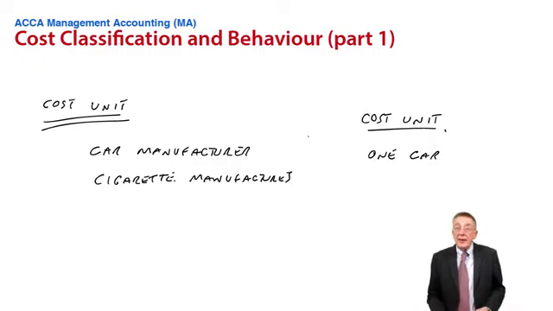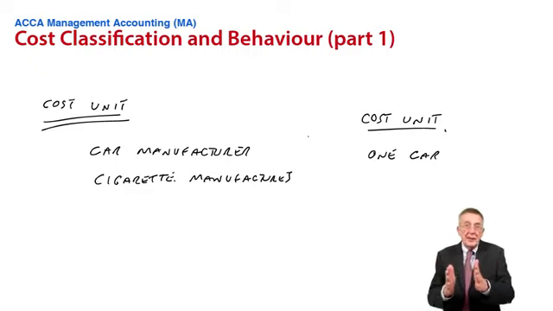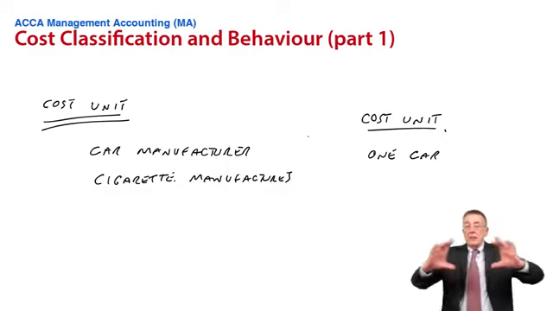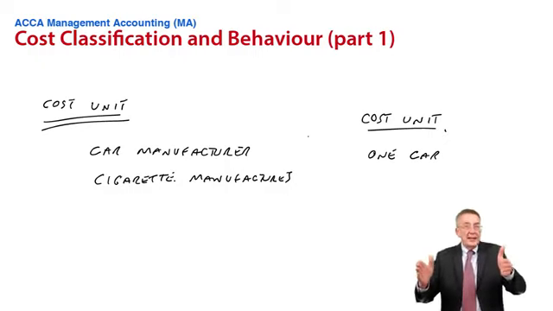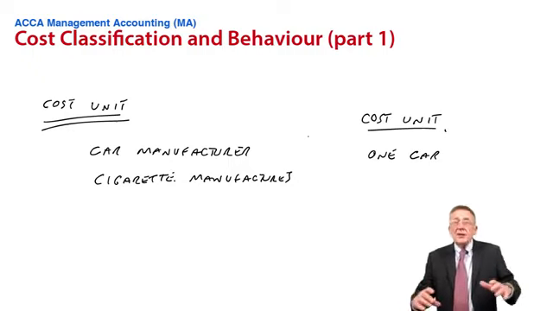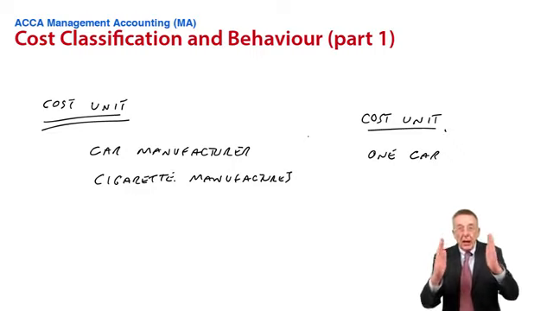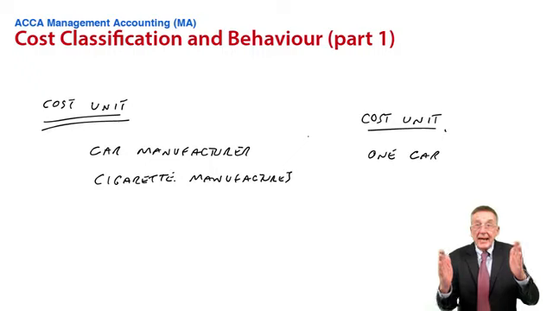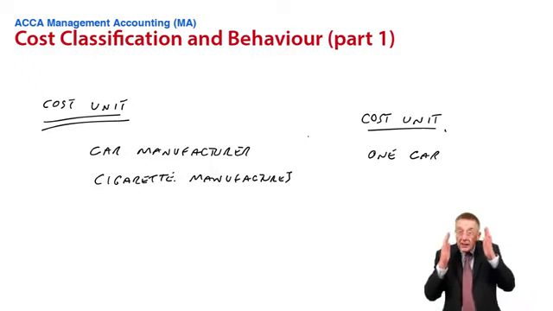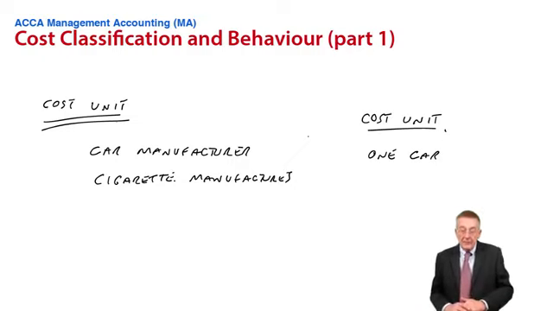Or in fact, if we're the manufacturer, we produce packets with perhaps 20 cigarettes in, but when we sell them to the shops, we sell them in blocks of perhaps 10 packets wrapped in plastic. And so maybe our cost unit should be one block, one carton of 10 packets, each containing 20 cigarettes, because it's that carton, that block, that we're selling to our customers.